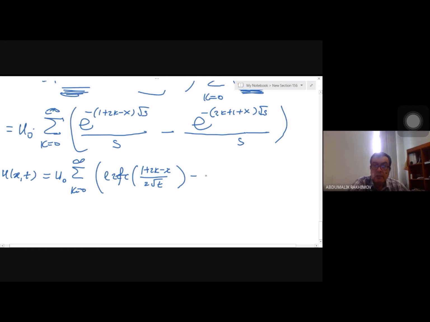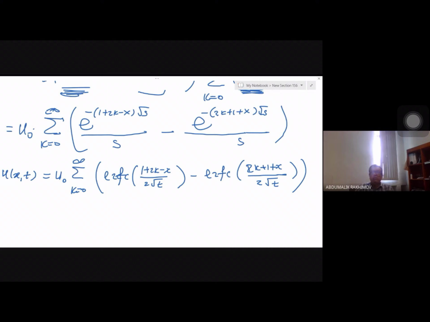This one is the complementary error function, 2k plus 1 plus x over 2 root of t. Done. This is a solution. So we find the solution in terms of a series with error functions.